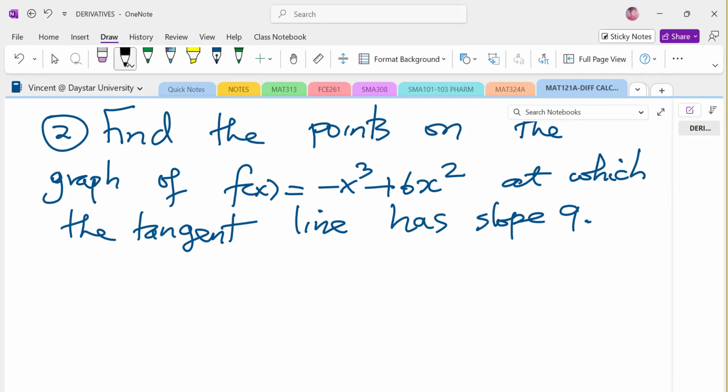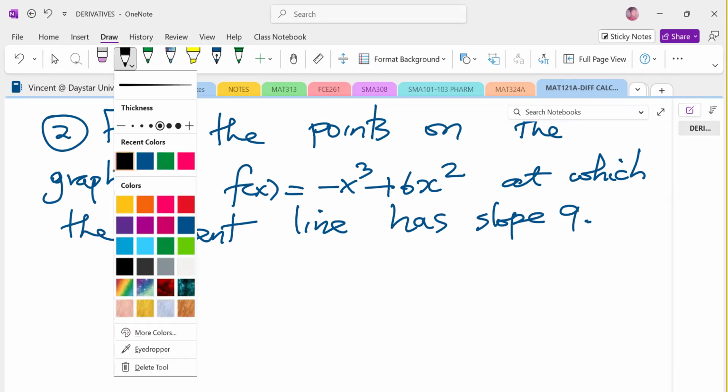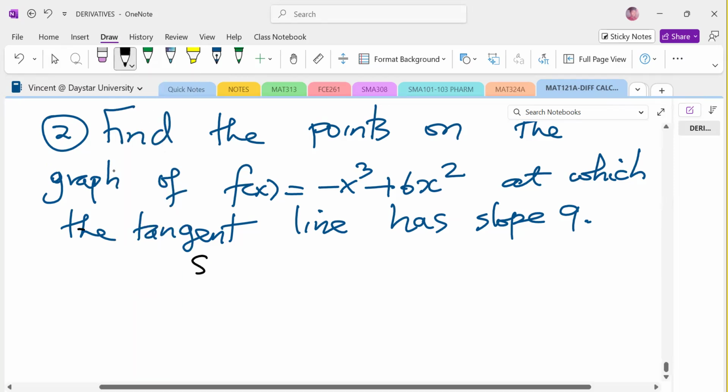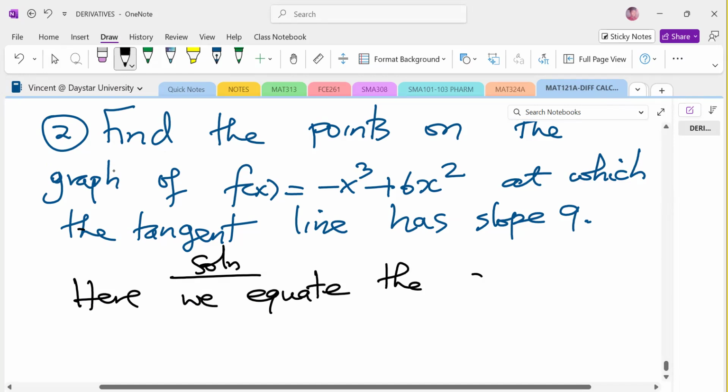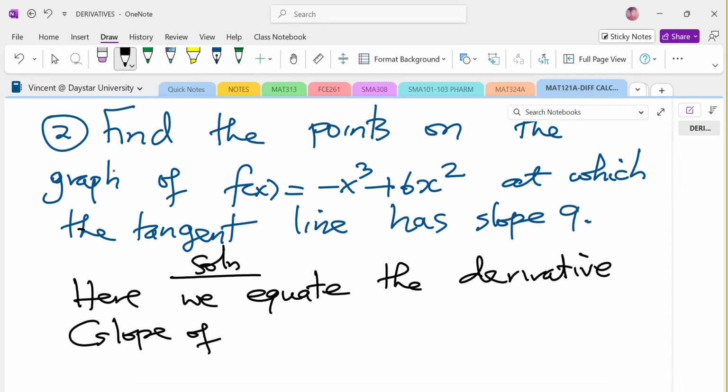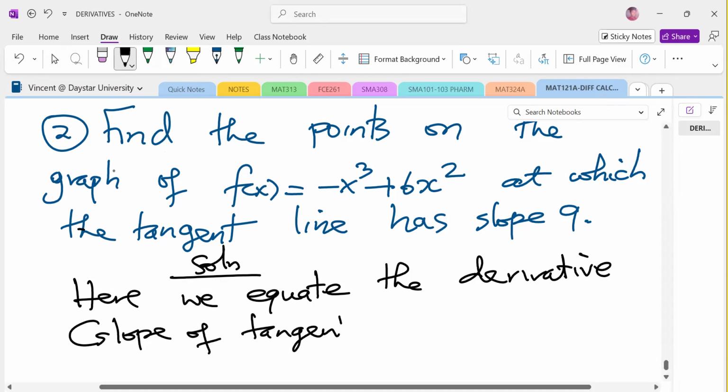Yeah, you equate the derivative to 9, because the derivative is what gives the slope, correct? So the solution here: we equate the derivative, remember the derivative is what gives the slope of the tangent, to 9, and then solve.